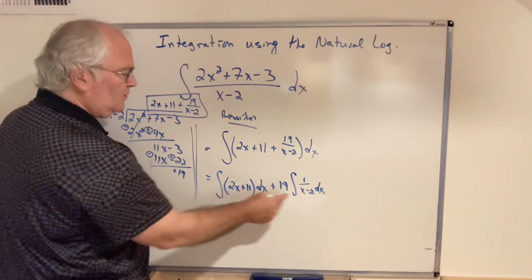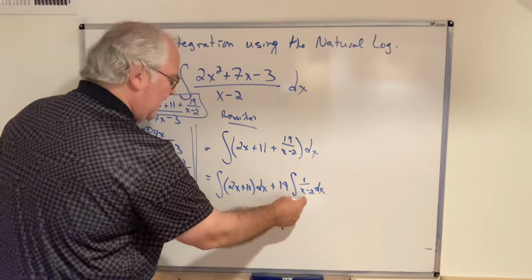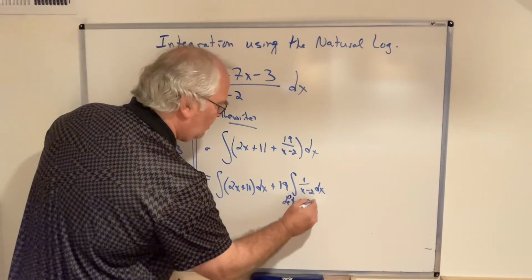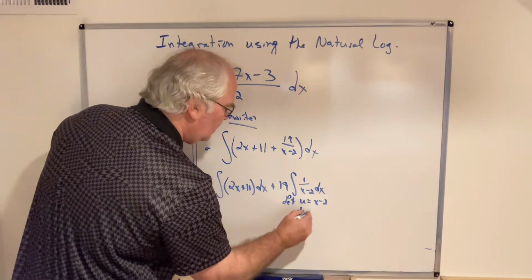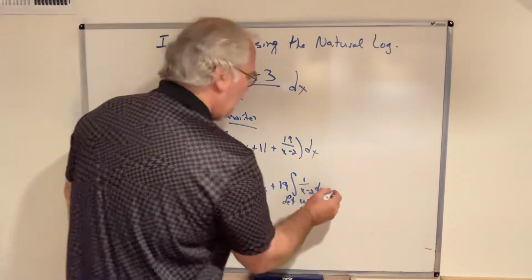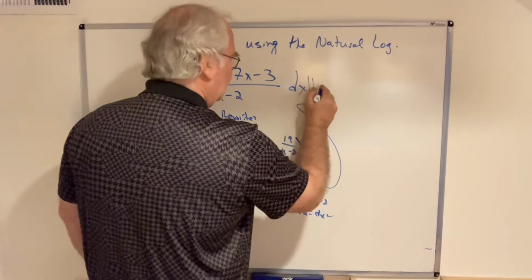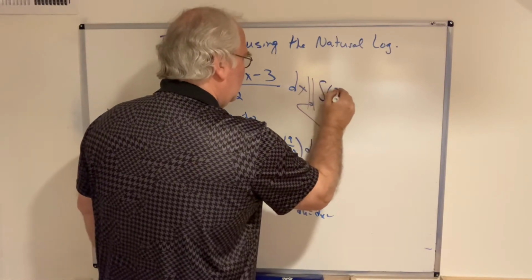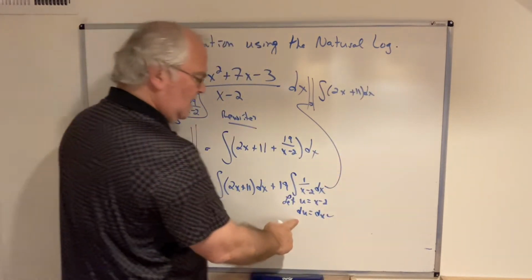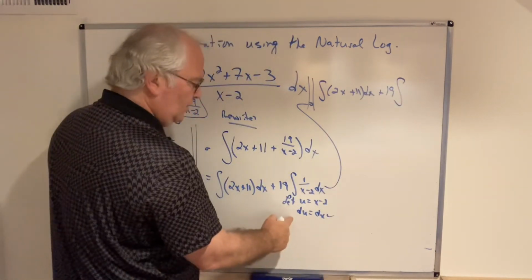Power rule, and use substitution if you want to do this to find the natural log rule. So here we're going to let u equal x minus 2, du is equal to dx. The substitution is exact. So this becomes the antiderivative of 2x plus 11 dx, and this becomes the integral of 1 over u du.